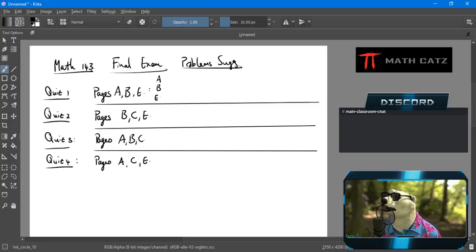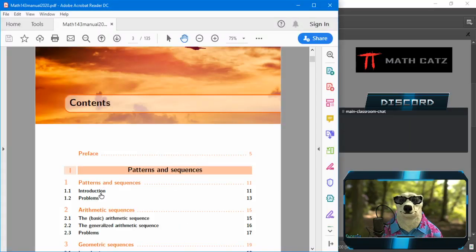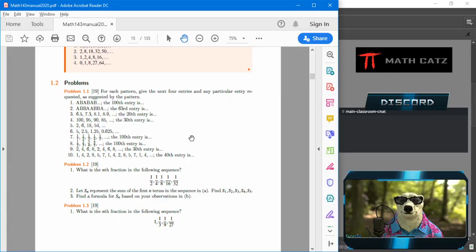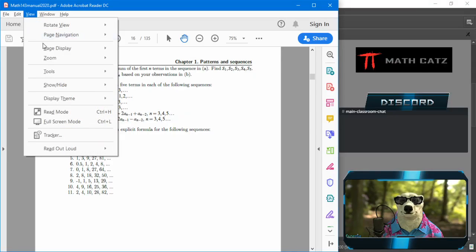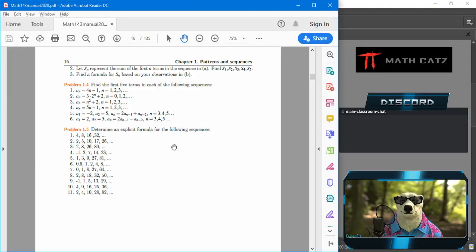So let me go to our first one, which is basic sequences. Basic sequences, I guess over here. There we go.